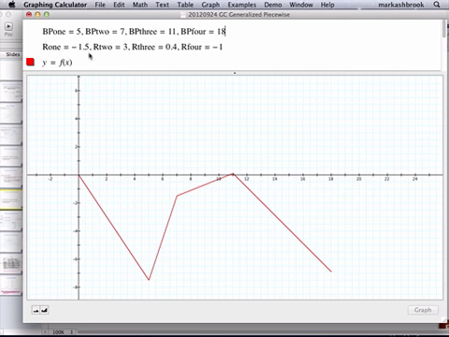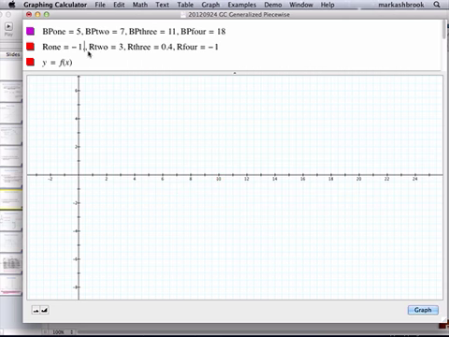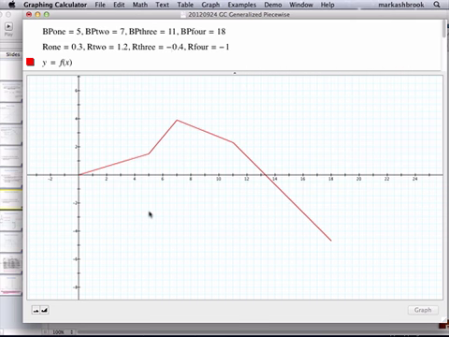We could change that first rate to say 0.3, the second rate to 1.2, the third rate to negative 0.4, and leave the fourth rate, push graph, and now it gives us the new piecewise function. Okay, I could change breakpoint 1 to be 1 instead of 5.